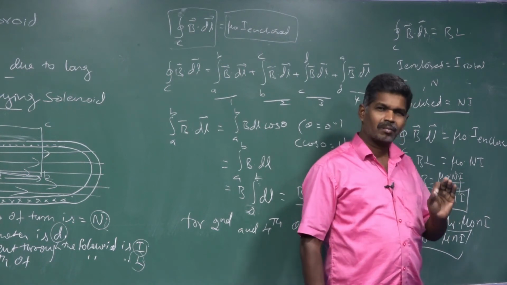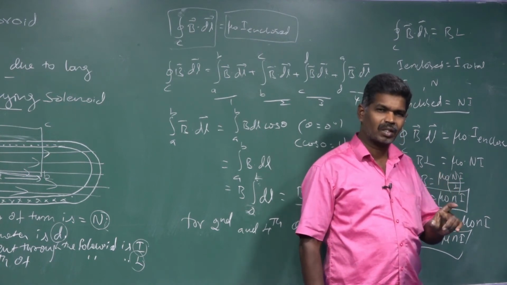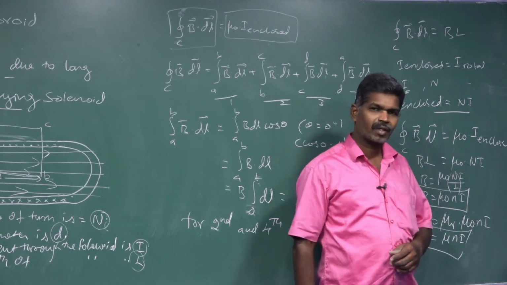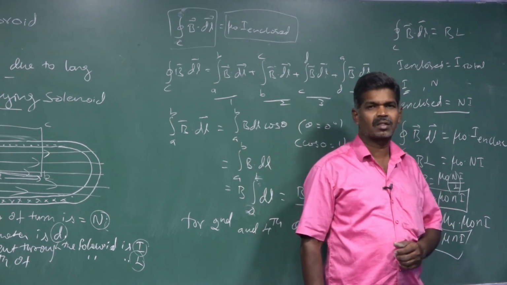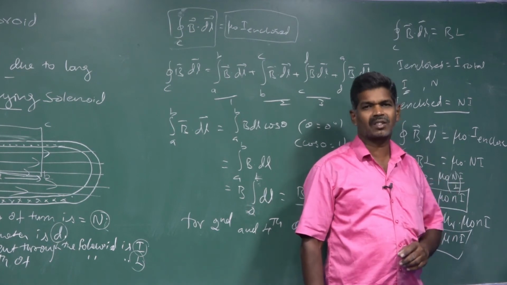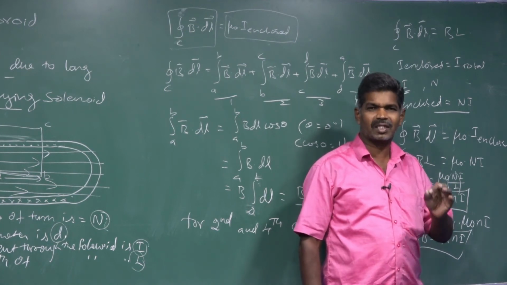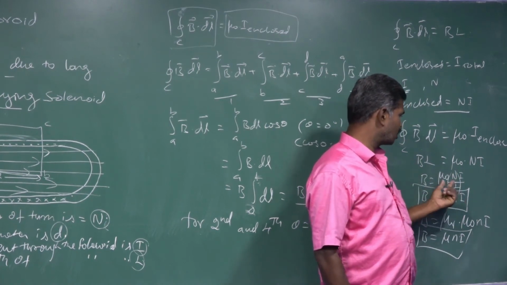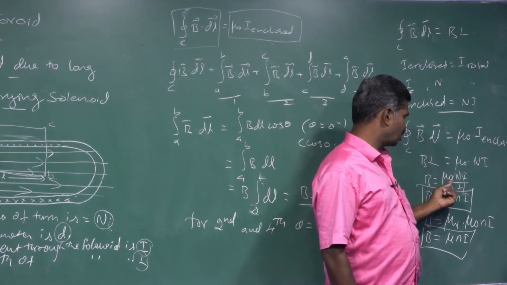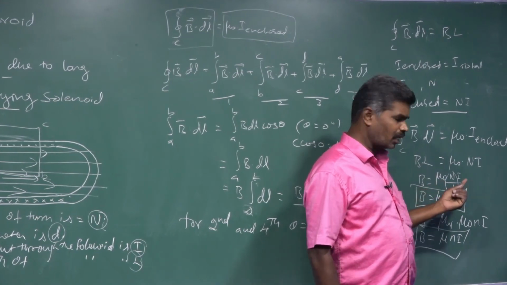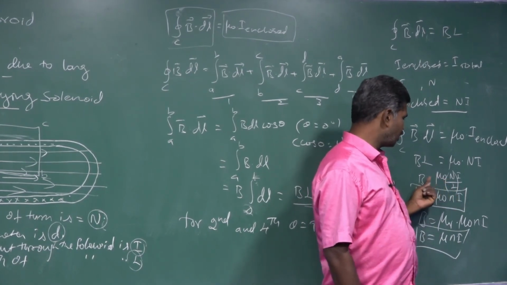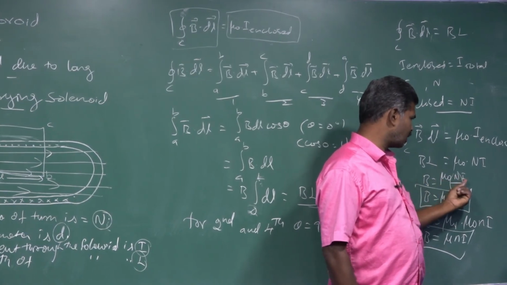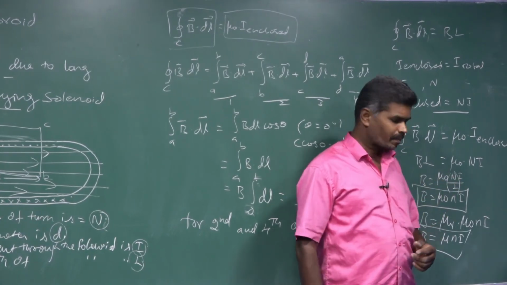The magnetic induction along the axis of the solenoid depends upon the medium, the number of turns, the current through each turn, as well as the length. The medium, that is the relative permeability, is directly proportional; the number of turns is directly proportional; the current is directly proportional; and the length is inversely proportional.